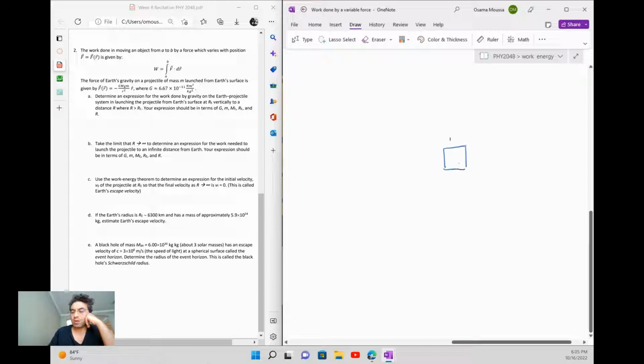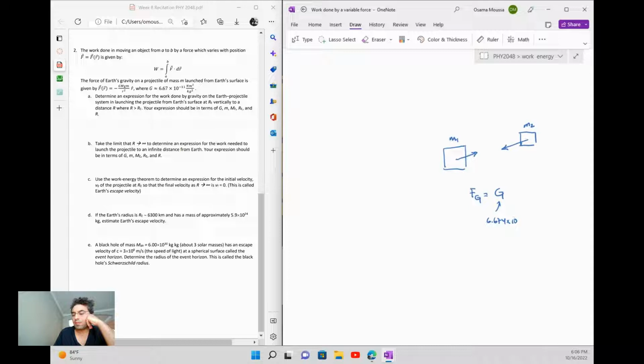He said, suppose I have two objects of masses m1 and m2, then they're always going to attract each other with a force that is given, magnitude-wise, by some constant times the magnitude of the first mass times the magnitude of the second mass divided by the distance between their centers squared.